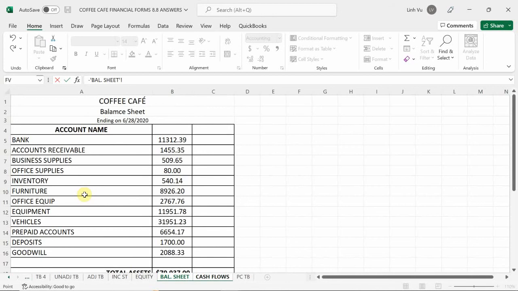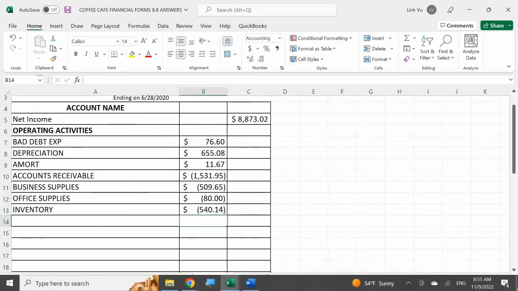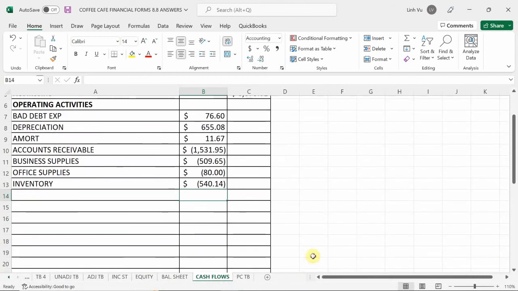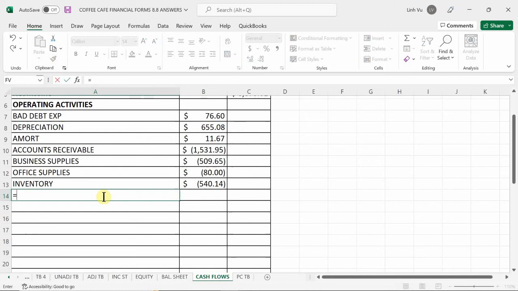So is that money I received yet? No. So that is also something I need to subtract out because I realistically don't have this $540.14. Okay?